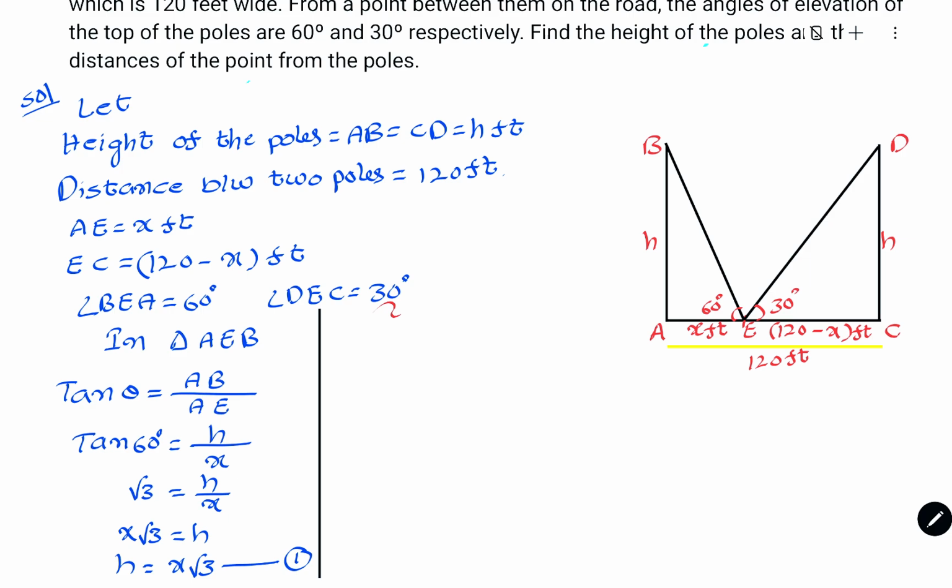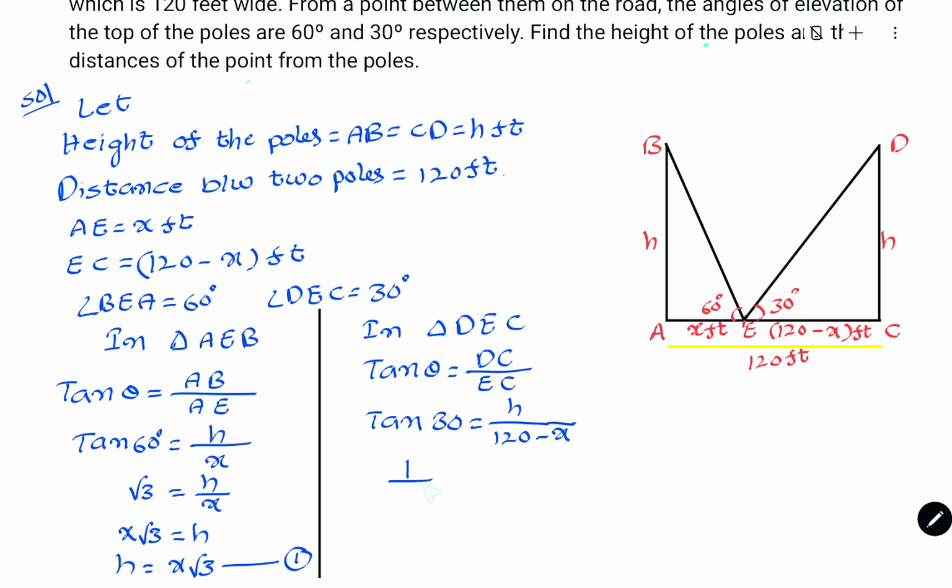In triangle DEC, here for the angle 30 degrees, we have opposite side and adjacent side. So we take tan ratio. Here theta value is 30 degrees. Tan 30 is equal to, here DC is H, EC is 120 minus x. Tan 30 value is 1 by root 3. Here H by 120 minus x.